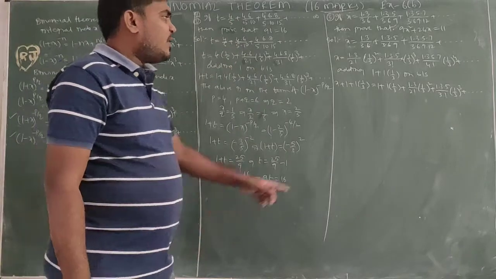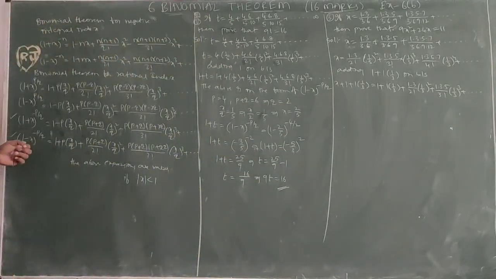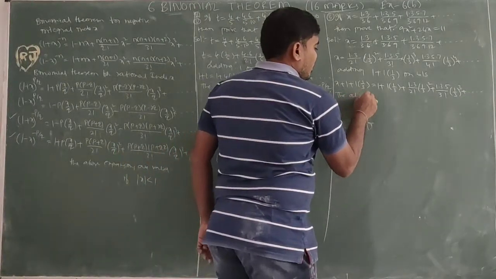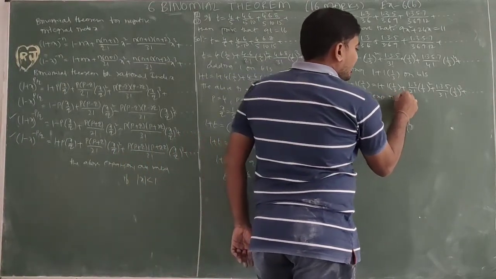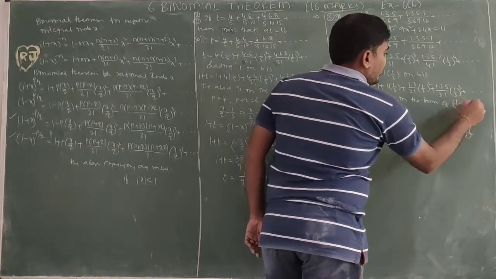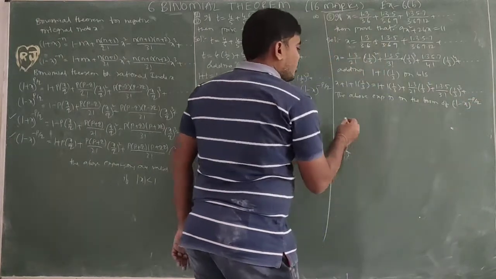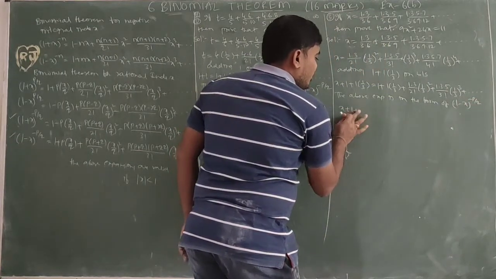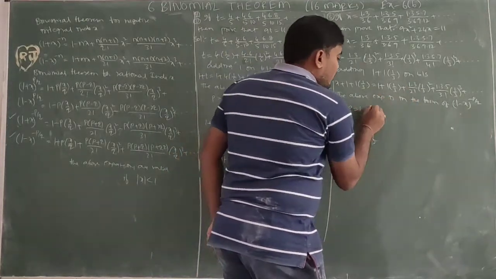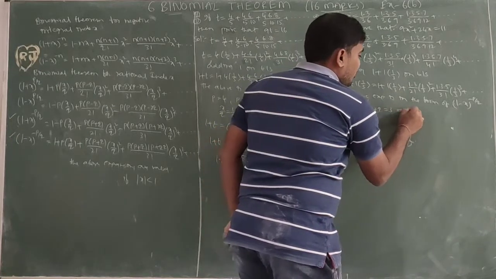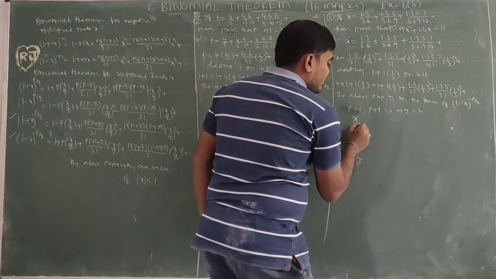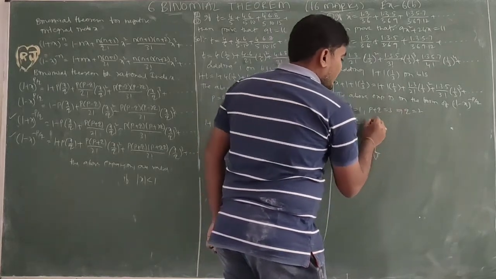Now this expansion is in the form of (1 minus x) whole power minus p by q. So the above expansion is in the form of (1 minus x) whole power minus p by q. So for x plus 1, I want to compare: p equal to 1, p plus q equal to 3 implies q equal to 2. I am taking capital X by q equal to 1 by 3.